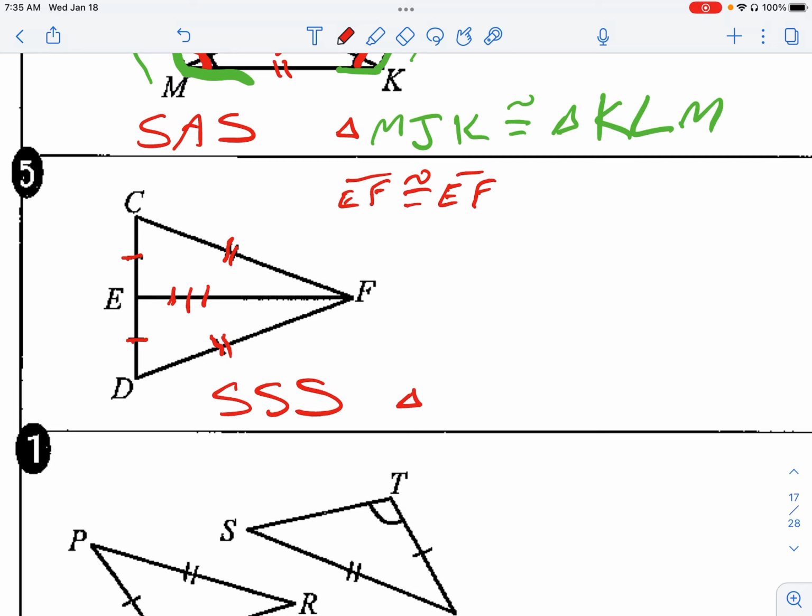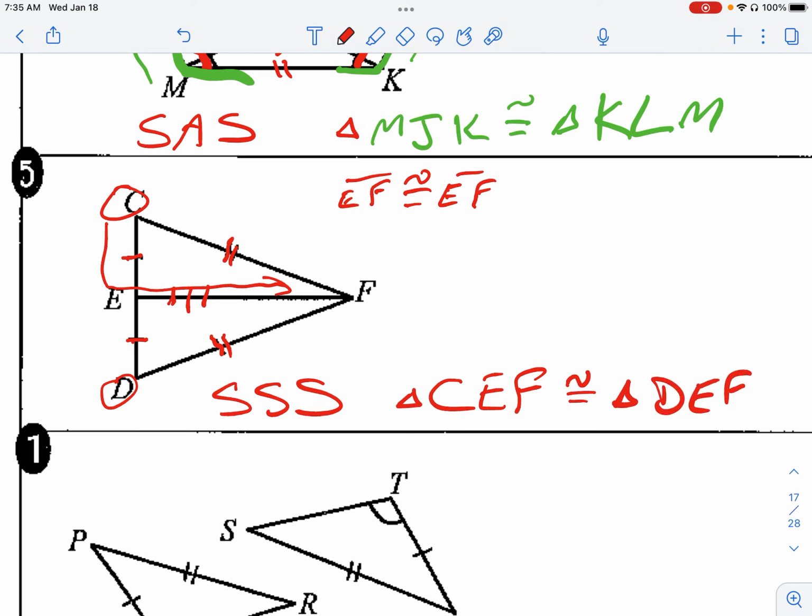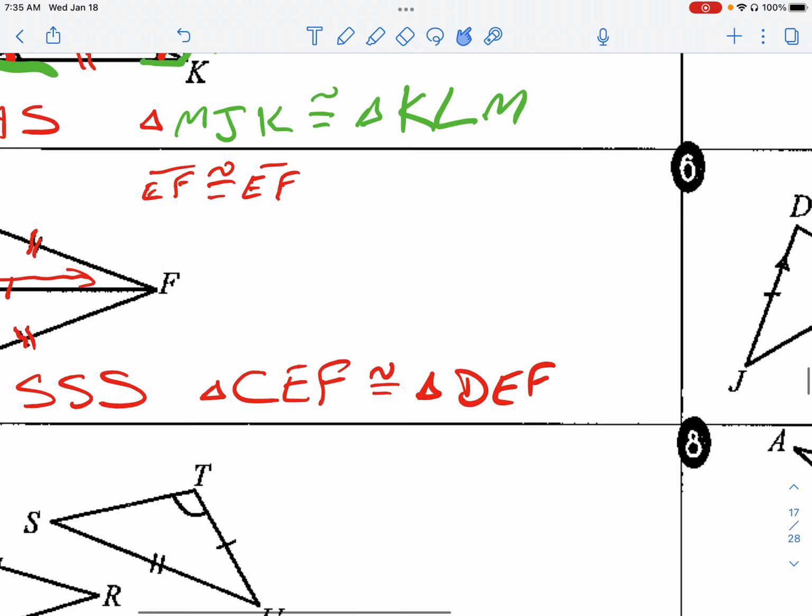If you want to start at C, C and D are going to match. So CEF, if we go that way, triangle CEF is congruent to triangle DEF.